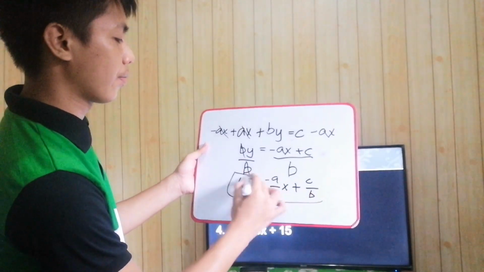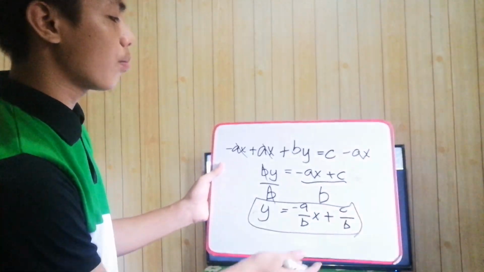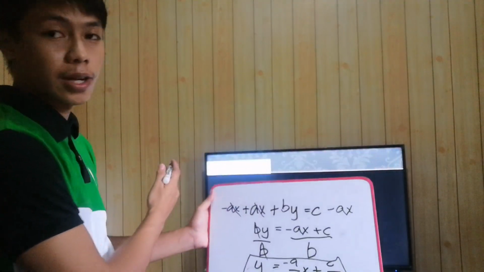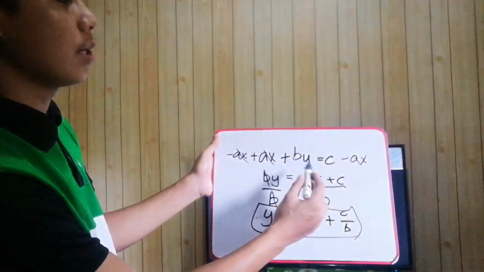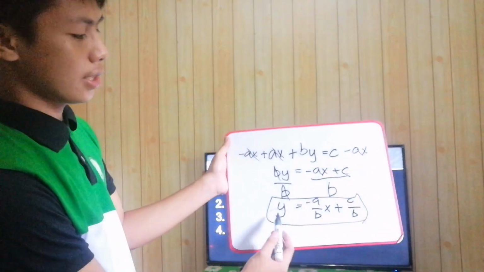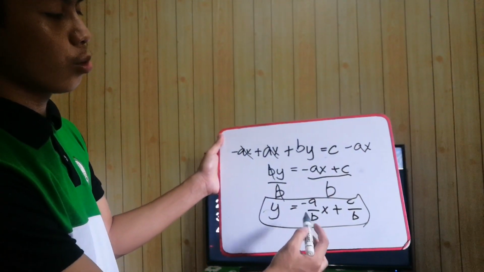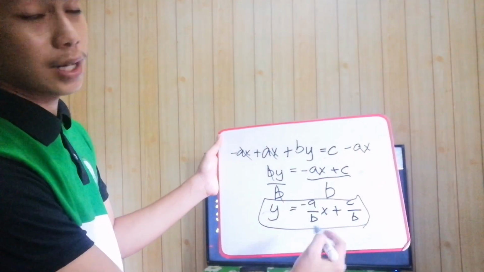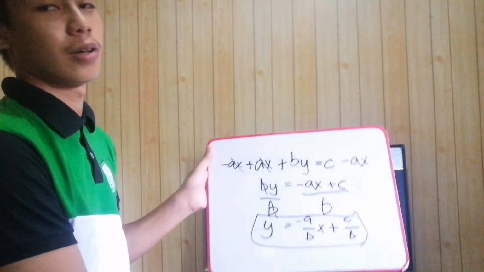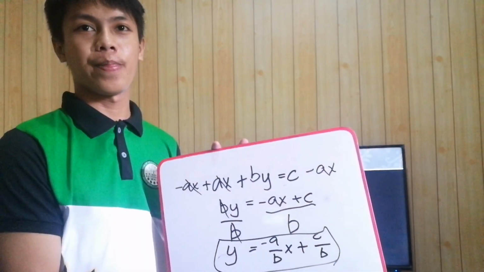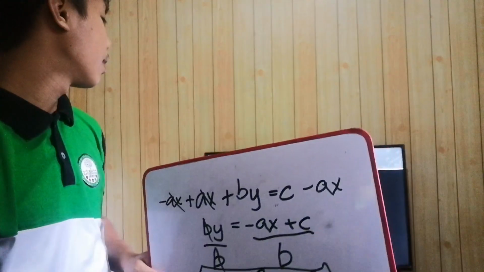So, ang slope-intercept ng ating given number 1, which is ax plus by is equals to c, ito na siya ngayon. y is equals to negative a over b x plus c over b. Okay? Nakuha?